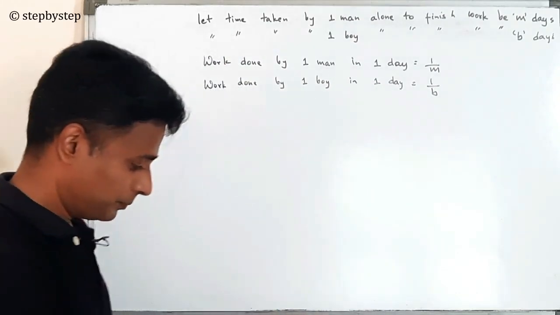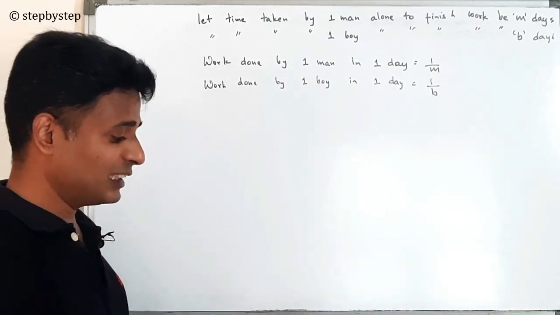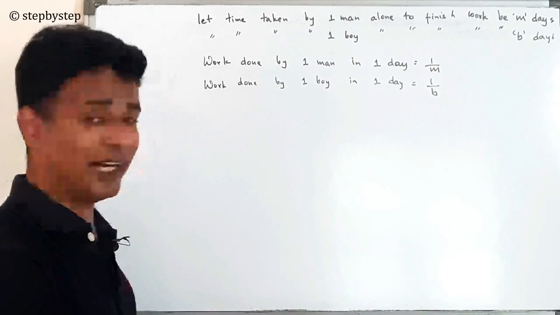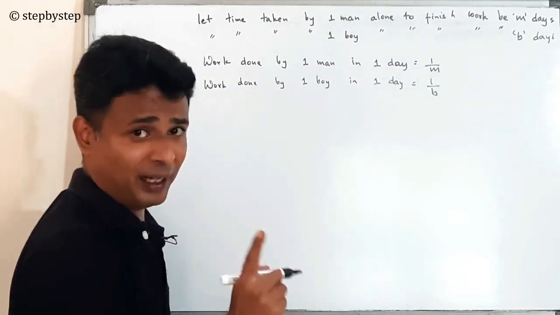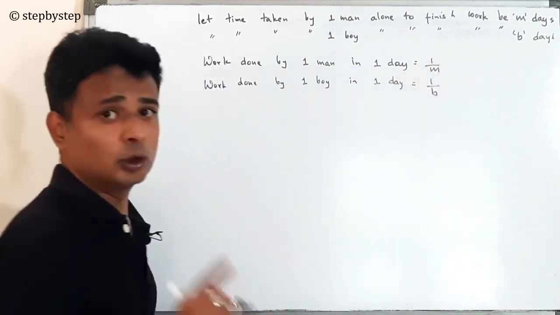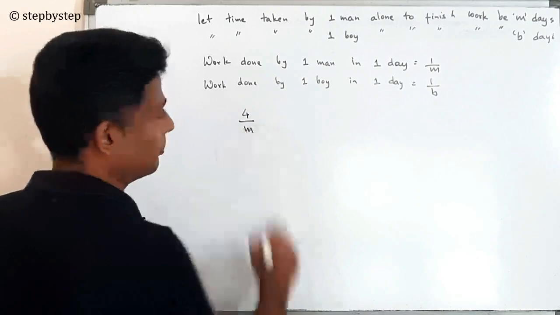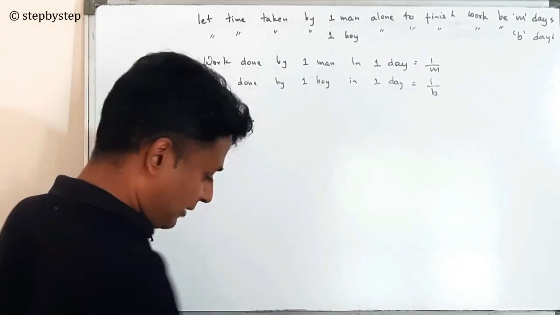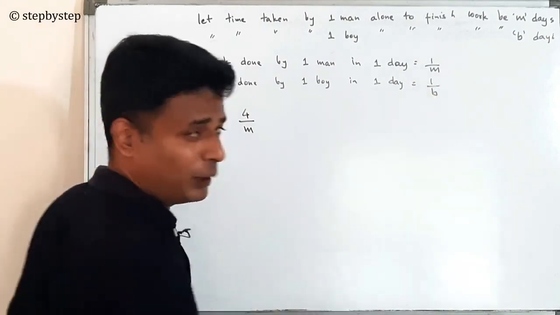Now what have they said? The first condition, 4 men and 6 boys can finish a piece of work in 5 days. How much work does one man do in one day? 1 by m. So 4 men, how much work will they do in one day? 4 by m. One boy can do 1 by b work in one day.